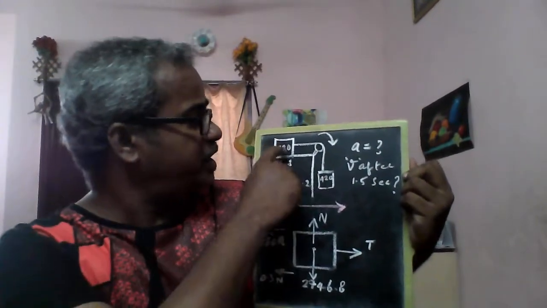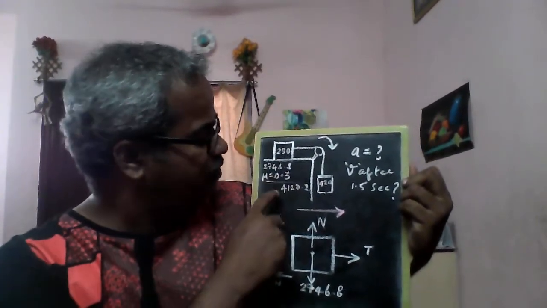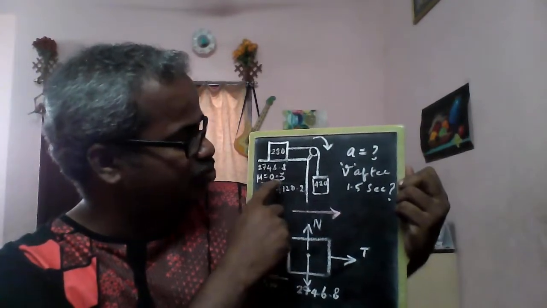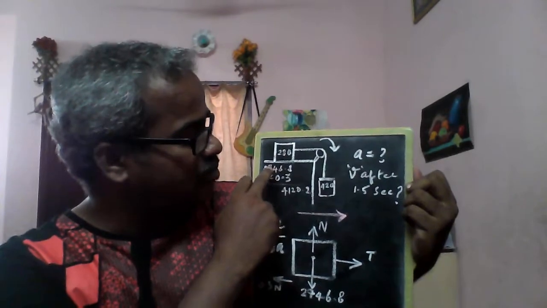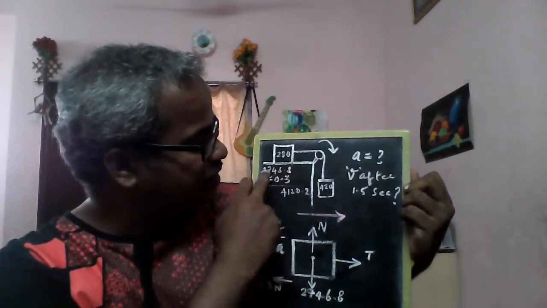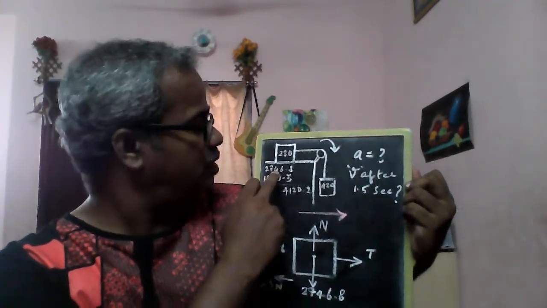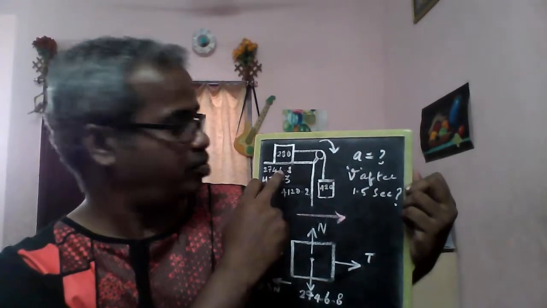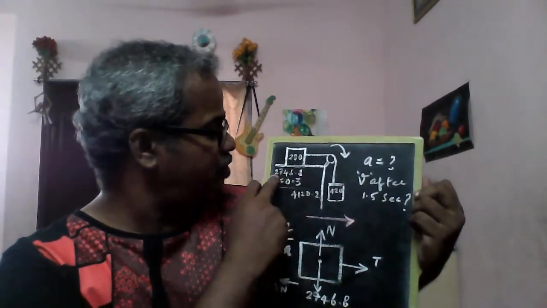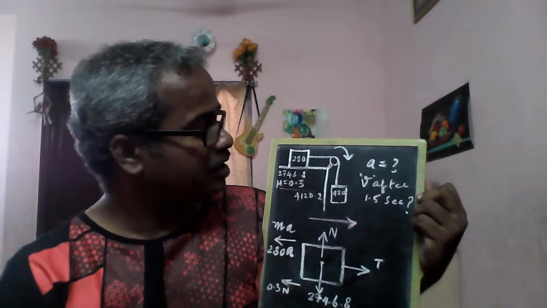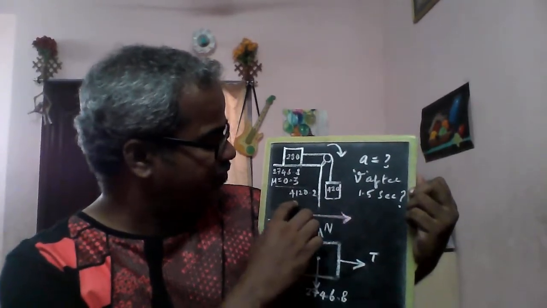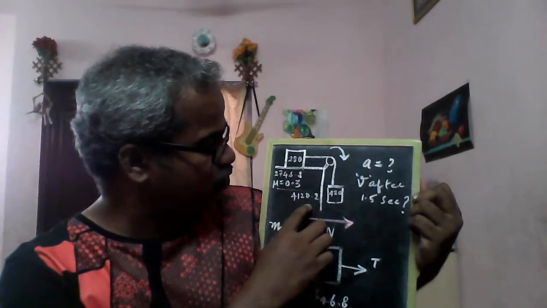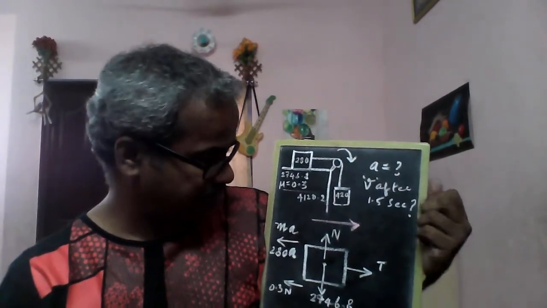But the 280 kg block is having contact, so the coefficient of friction given for that is 0.3. This 280 kg mass will be converted into weight, that is 2746.8 newtons. This 420 kg mass will be converted into weight, that is 4120.2 newtons.